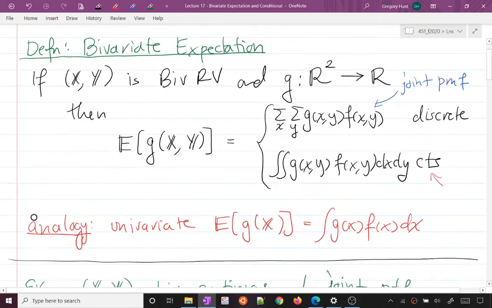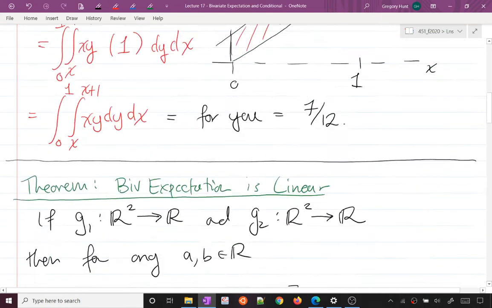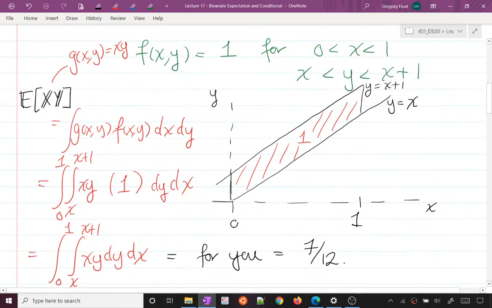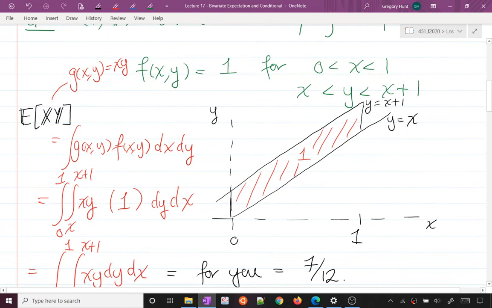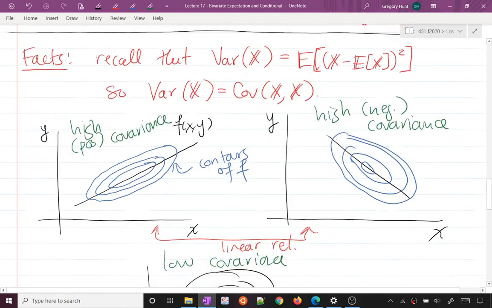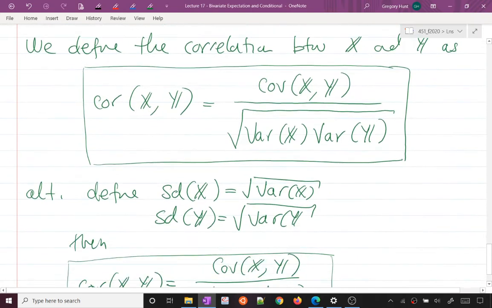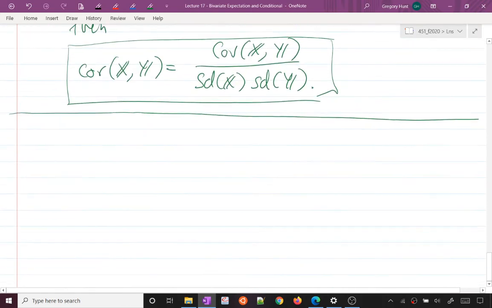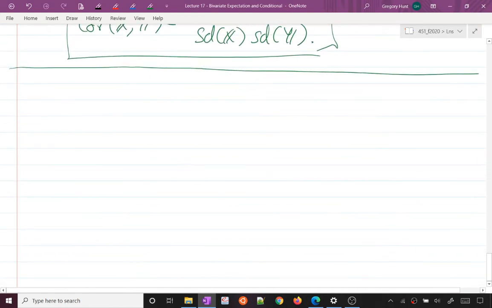Why do we want to study bivariate expectation? Because I want to talk about how things are related. Here, it looks like x and y tend to lie in some relation to each other. So I'd like to capture how linearly related x and y are. And you can do that using correlation.